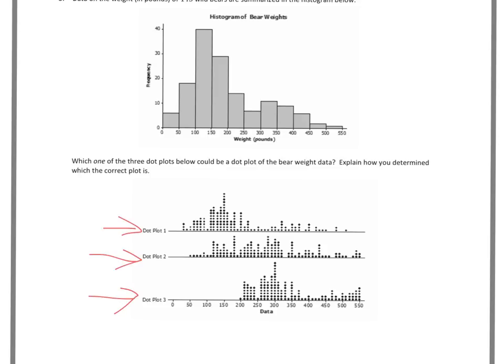So you can take a look, 0 to 50, and notice that the numbering at this bottom part is for all of them. I'm looking up to 100 here, and I see that there are values, so immediately plot 3 is gone because there are no values up to 100, and I see that there are quite a few in there. So it could be these ones up here, but that's how you want to look at it.